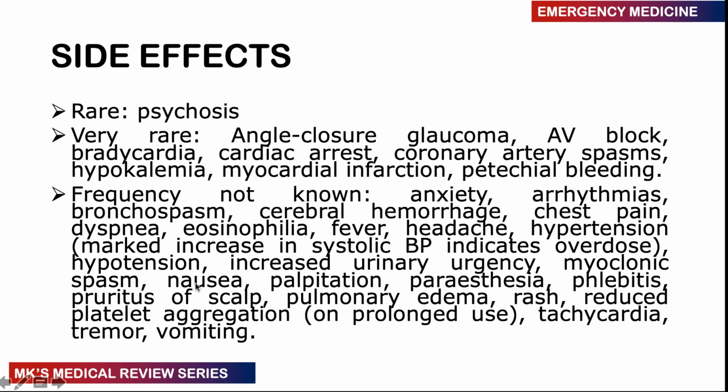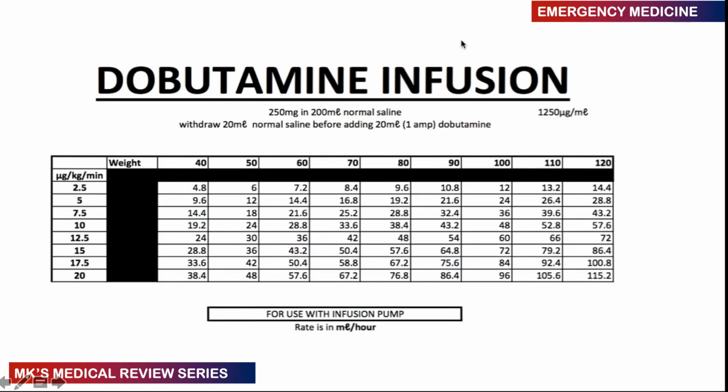This is a marked increase in the systolic blood pressure. This is going to indicate that there's some sort of overdose. Hypotension, increase in urinary urgency, myoclonic spasms, nausea, palpitations, paresthesia, phlebitis, pruritus of the scalp, pulmonary edema, rash, reduced platelet aggregation on prolonged use, tachycardia, tremors, as well as vomiting.